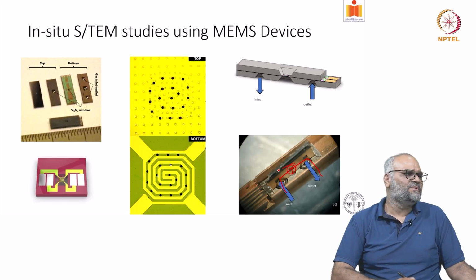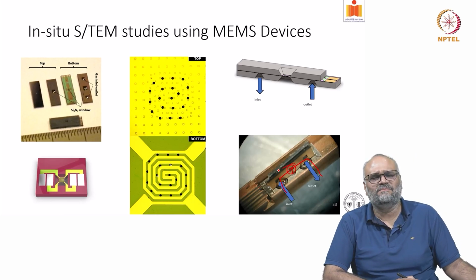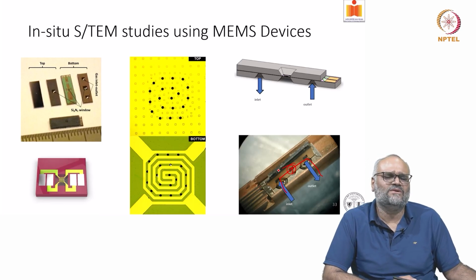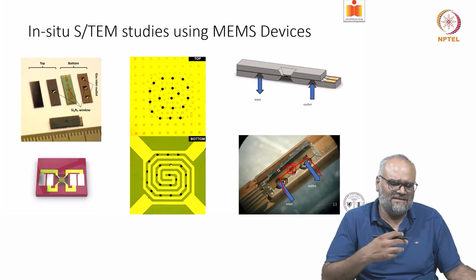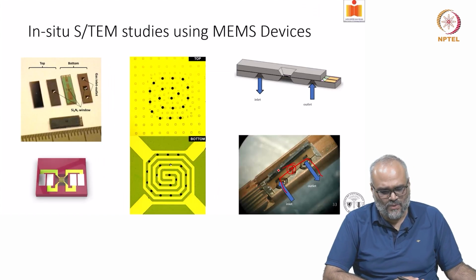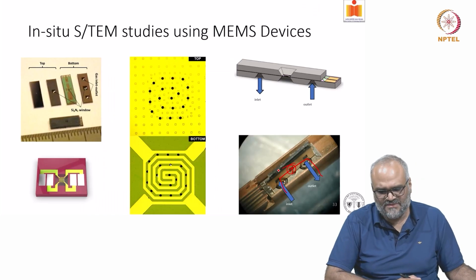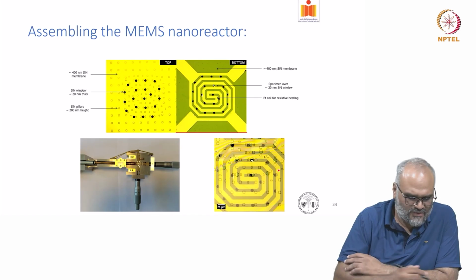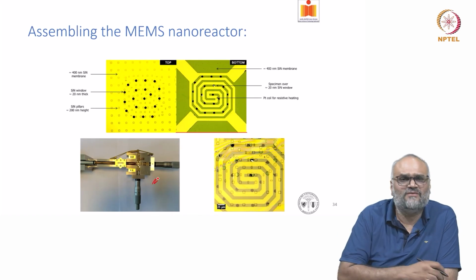So in this particular case, I'll show you an example on the aluminum alloy which we introduced in the very beginning. How does the corrosion behavior look like when you try to do this in an electron microscope column? So the idea is, when you have the top and the bottom chip together, you can assemble the nanoreactor by putting it into some kind of an alignment tool.